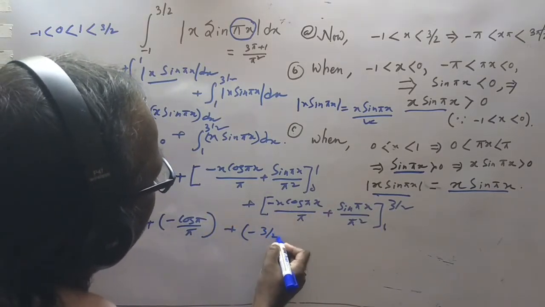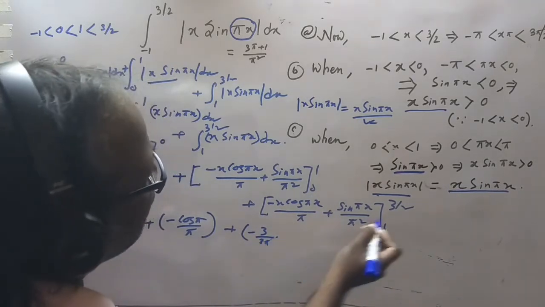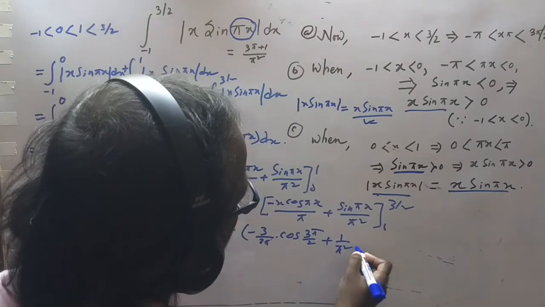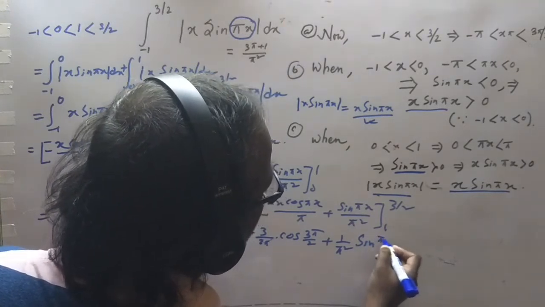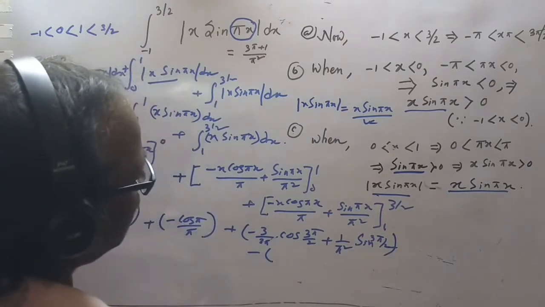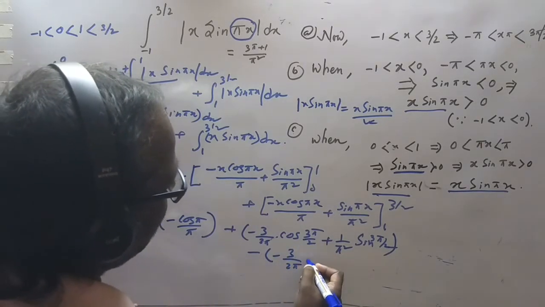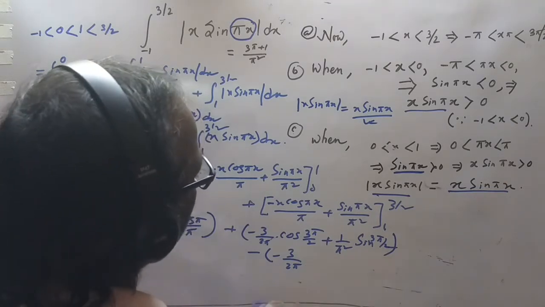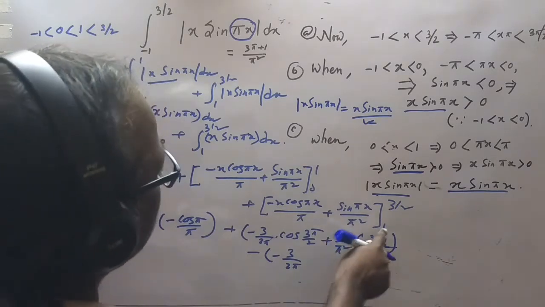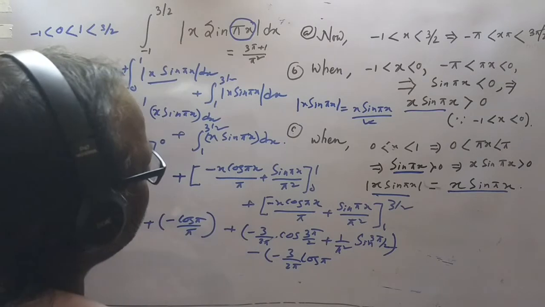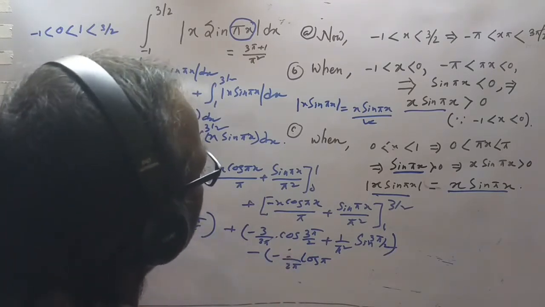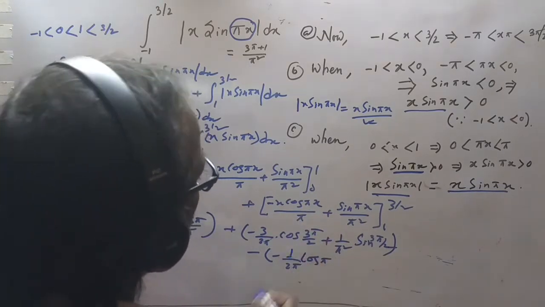Again put the value 3/2: minus (3/2)(1/π) cos(3π/2), plus 1/π² sin(3π/2). Cos of 3π/2 is 0.